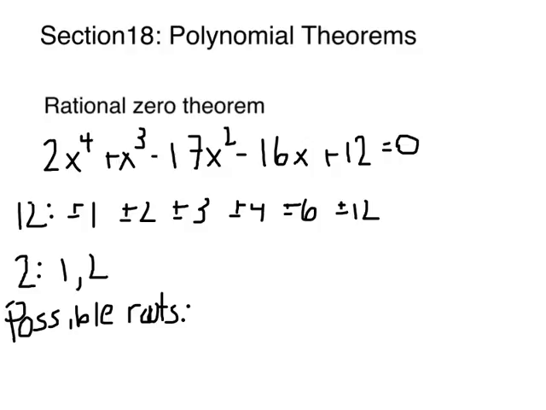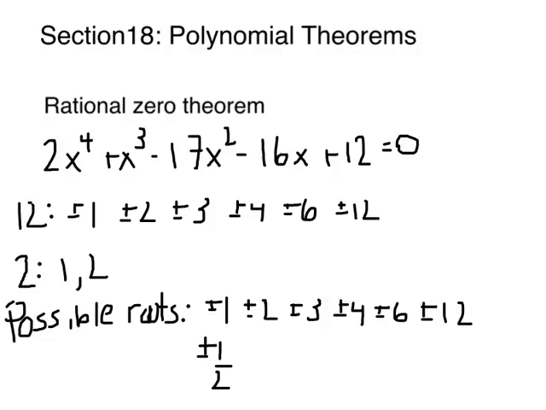So all the possible roots are plus or minus 1, plus or minus 2, plus or minus 3, plus or minus 4, plus or minus 6, plus or minus 12. Those are each divided by 1. And then we're going to go plus or minus 1 divided by 2.